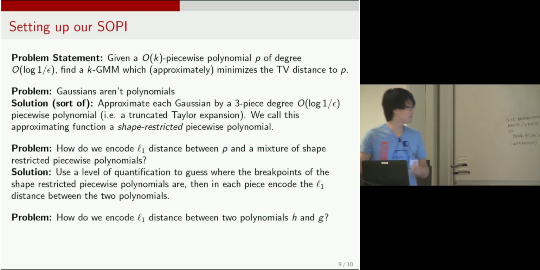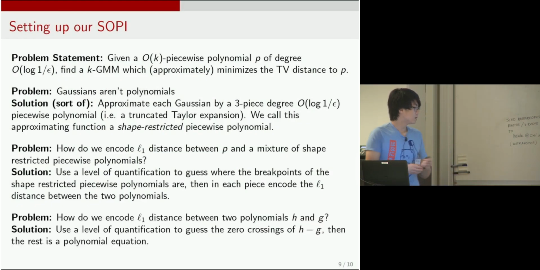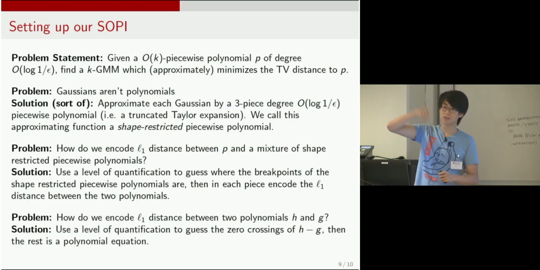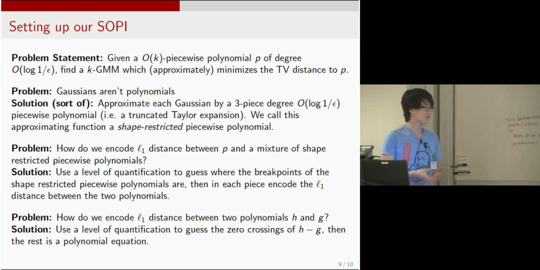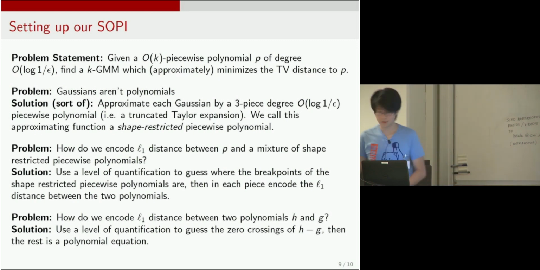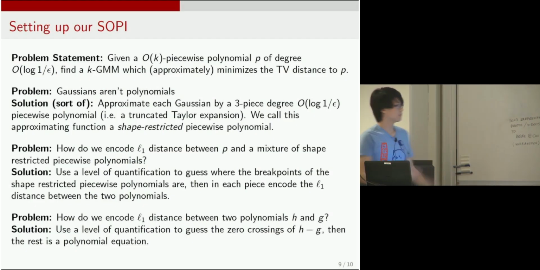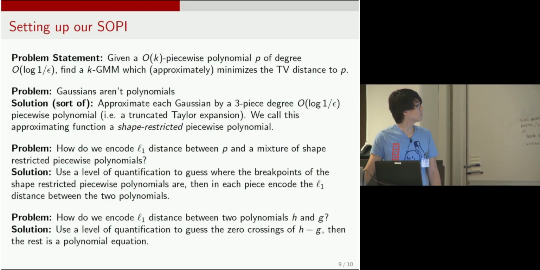And to encode L1 distance between 2 polynomials, if you know where the zero crossings of the polynomials are, then within each interval, this is just a regular integral. So after you quantify to guess where the zero crossings of the polynomials are, the rest is a polynomial equation again. And if you do this, with some other steps that I skipped, you get our algorithm.